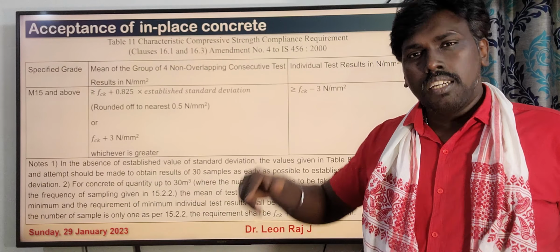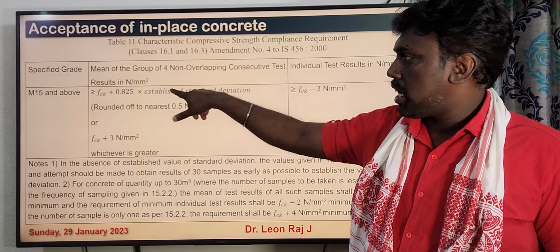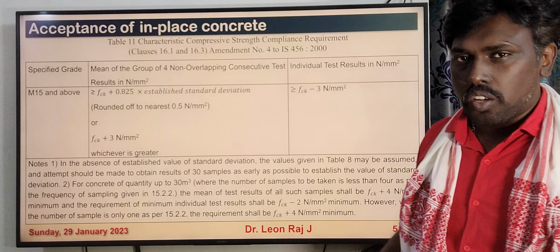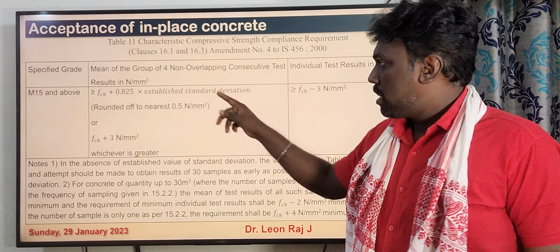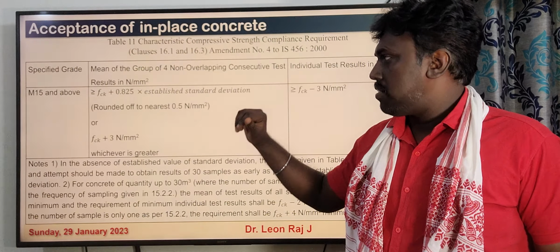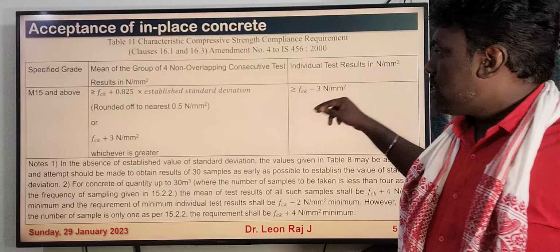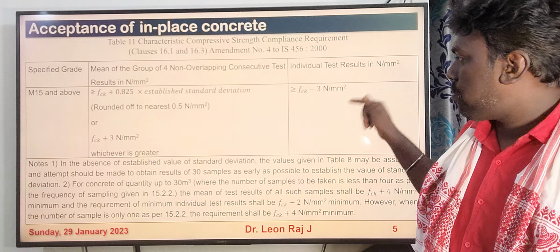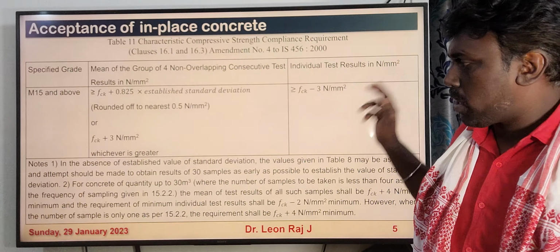For M15 grade and above, the acceptance criterion for the mean of a group of four non-overlapping consecutive test results, in Newton per mm square, is the greater of two criteria: fck plus 0.825 times the established standard deviation, or fck plus 3 Newton per mm square. The individual test result should be at least fck minus 3 Newton per mm square.